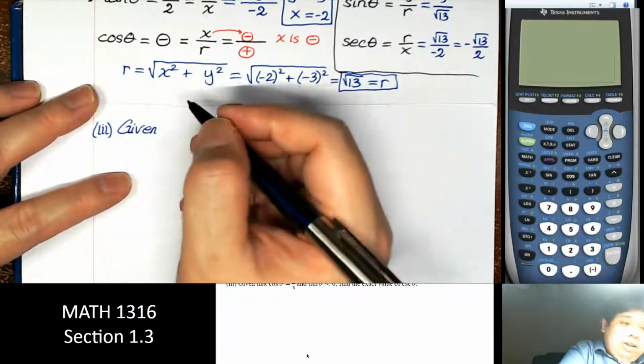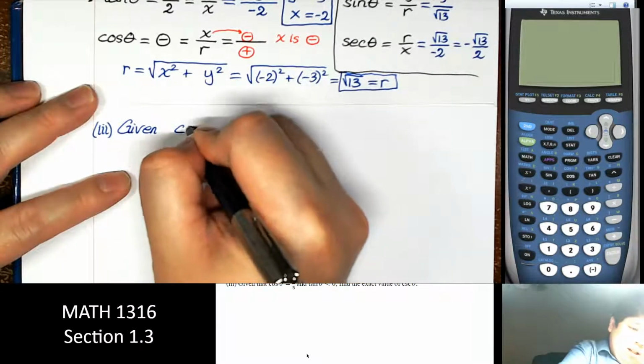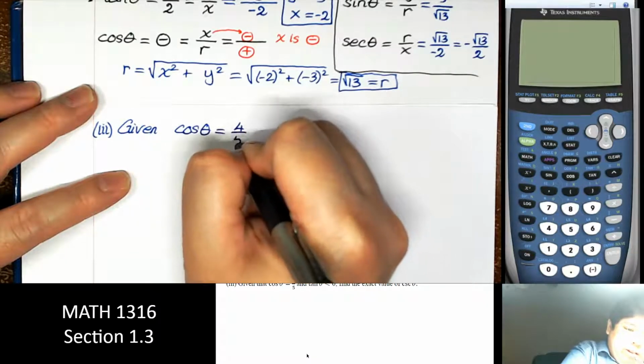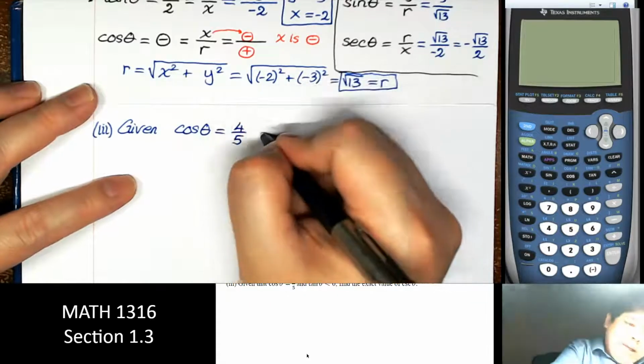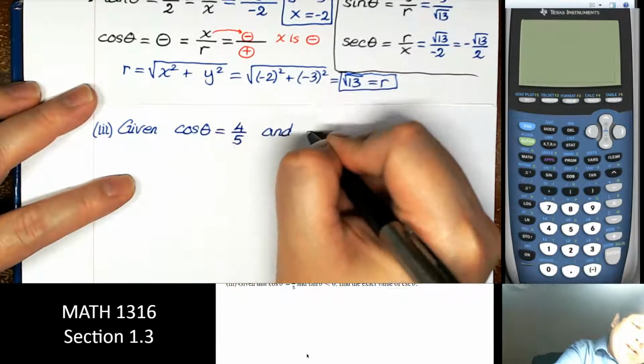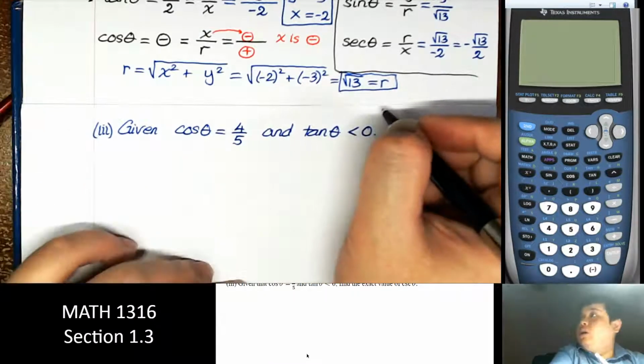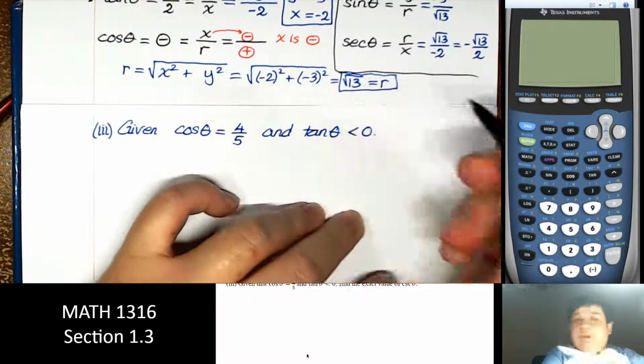Now, given that cosine is 4 over 5 and tangent's negative, find cosecant.